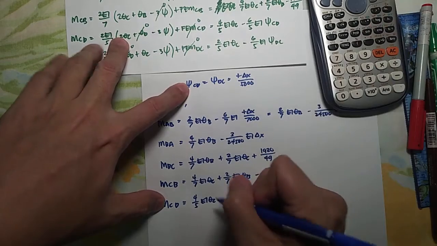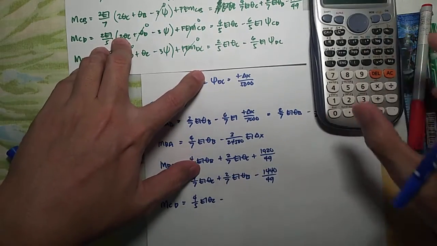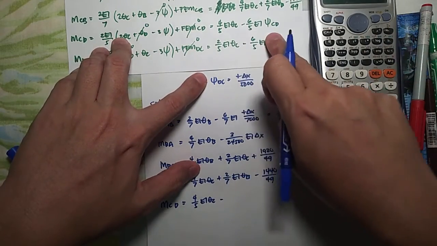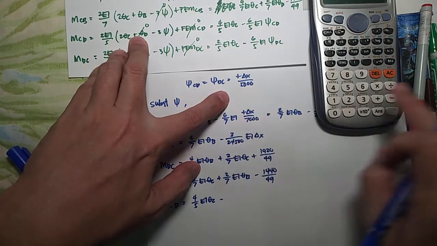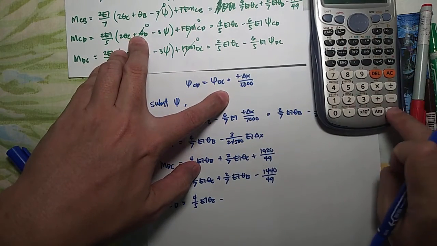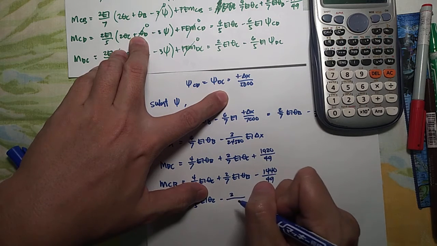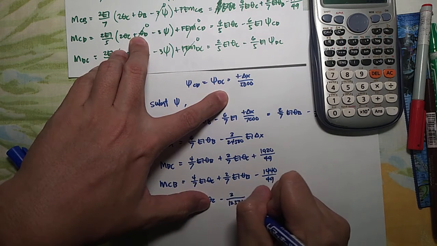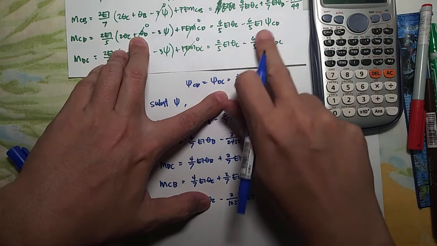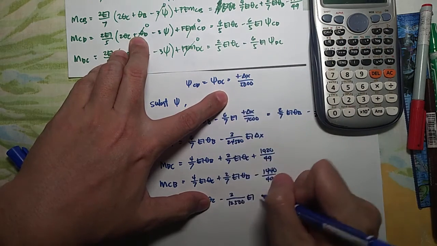So that would be minus 6 over 5 times psi, this, so divided by 5,000, so that becomes 12,500 EI delta X.